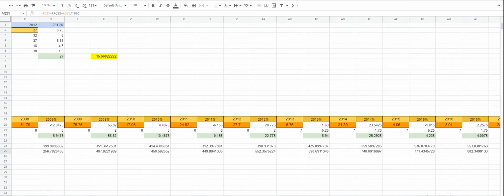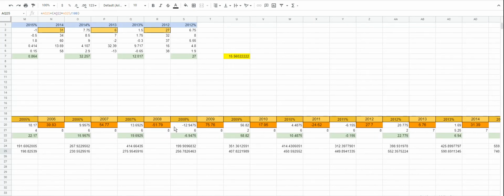The best part is in 2008, the crash, I'm going to show you something. This area, Nifty has given a negative return of almost 52%, okay? 52%. So it wiped out 52% of your portfolio in the 2008 crash. But with this strategy, you had a minus 7% return, just minus 7% compared to minus 52%.